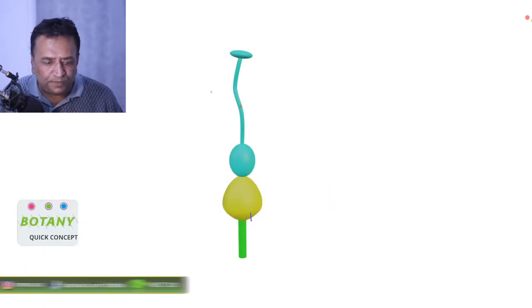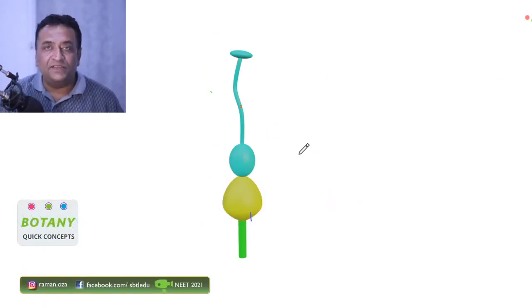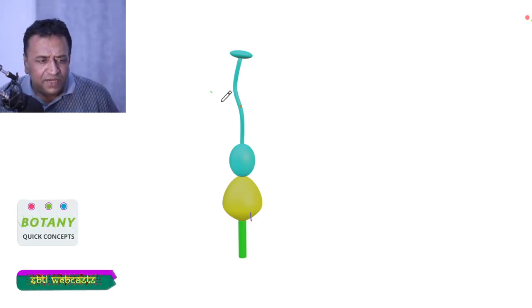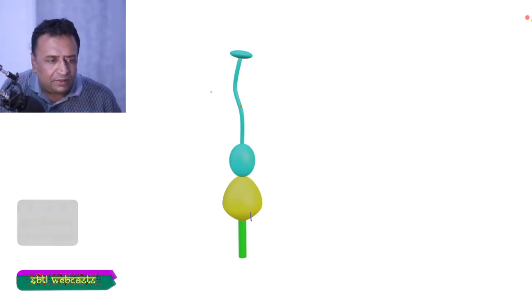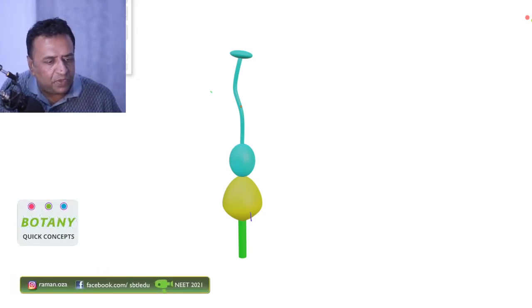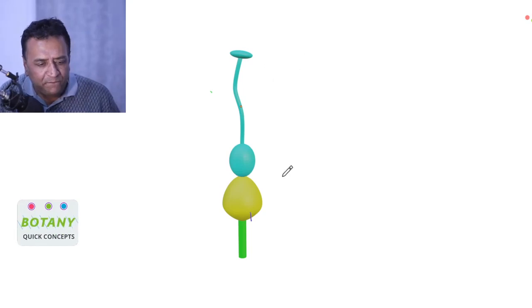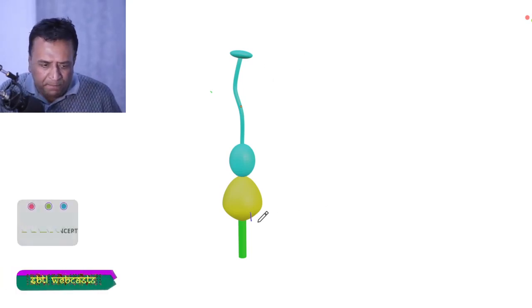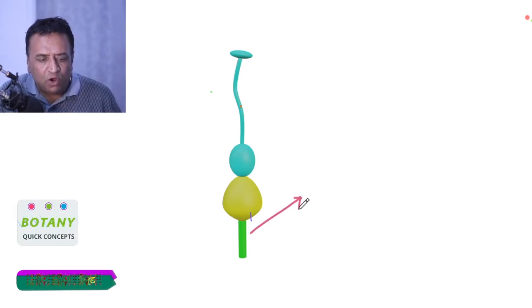Let's go to just this much part. This is the axis of the flower. Here in this axis, what you can note is there is a pedicel, the stalk of the flower.